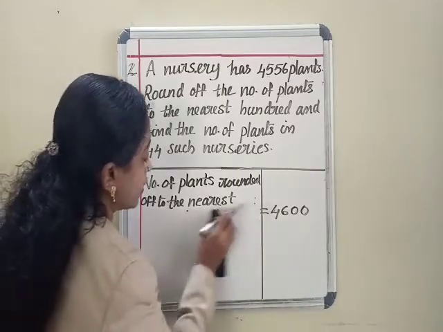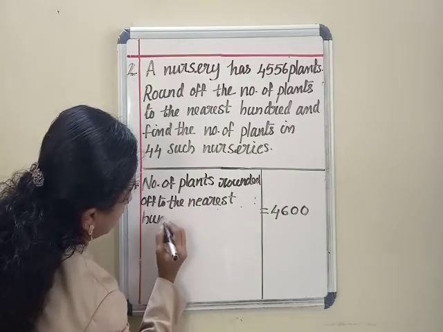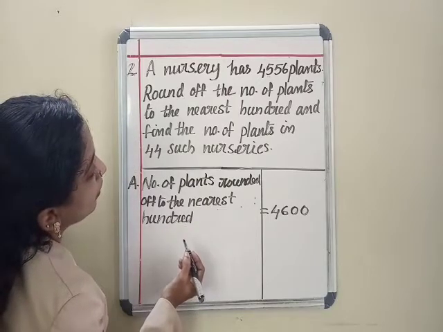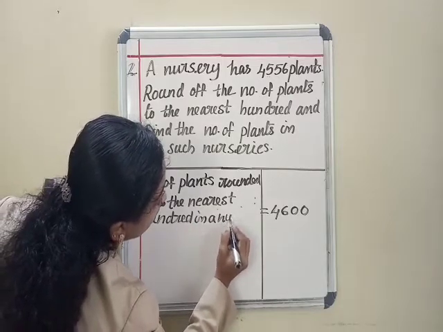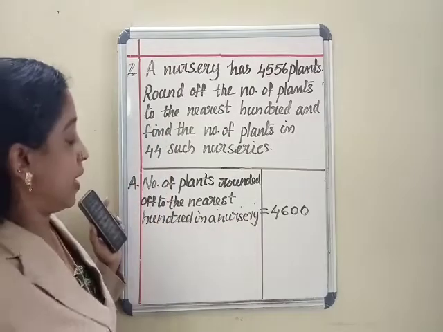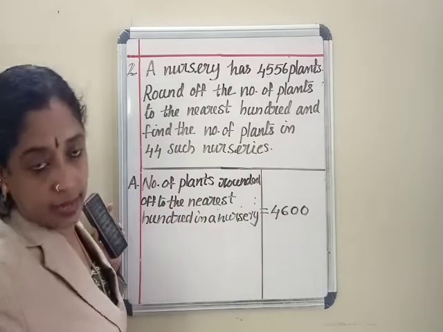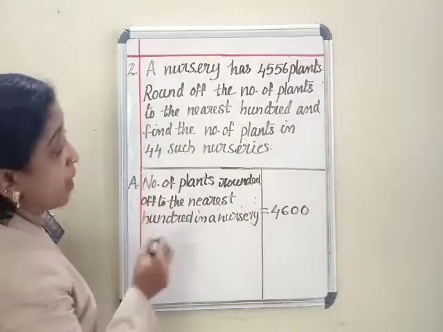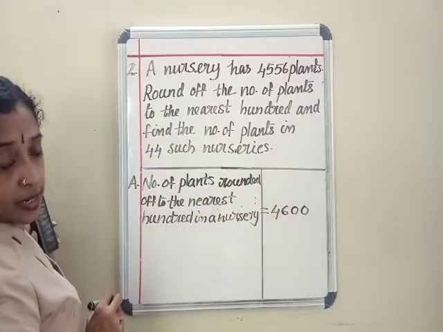That also you can write, 100 in a nursery. That is better. In a nursery. Then number of plants rounded off to the nearest 100 in a nursery, that is 4,600. Now we have to find total number of plants in 44 nurseries.